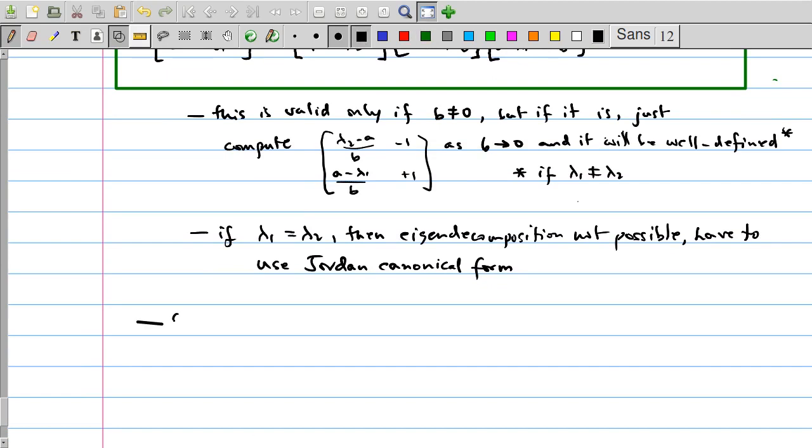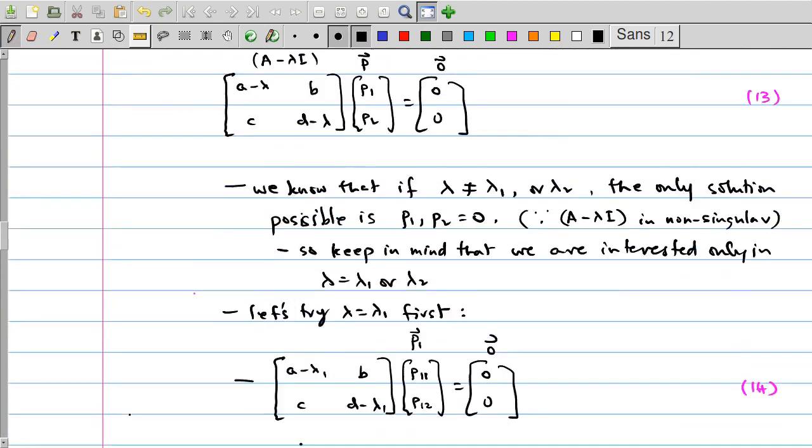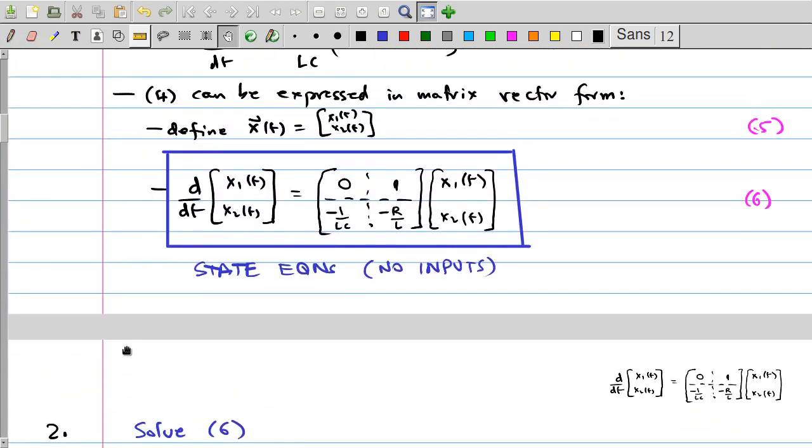So let's return to the specific A for our RLC circuit. Okay. A for our RLC circuit. Okay, I'll do this on another. Well, actually, there's plenty of space. So what was that A? Yeah, 6, which is in 6. Yeah. Right.